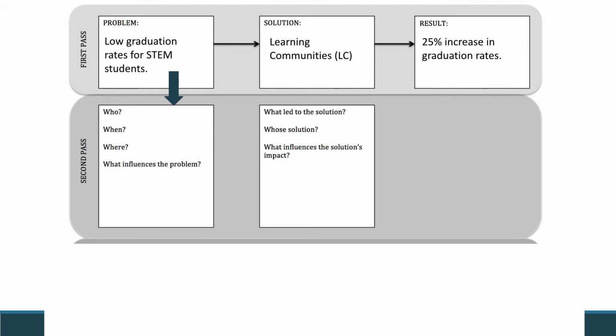In our example, we could maybe see that when considering the problem of low graduation rates, research shows that students in STEM have difficulty during their first year as they don't find that their gen eds are relevant and they find STEM faculty unwelcoming.